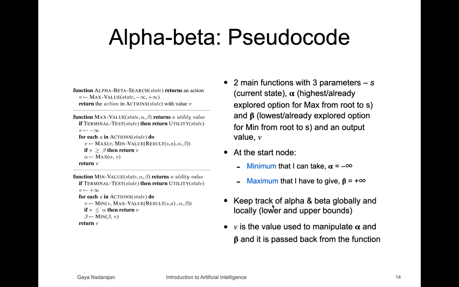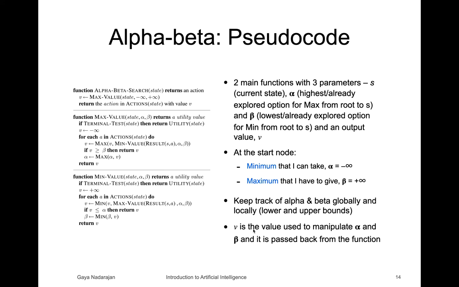And as the algorithm goes, we're going to see a lot of subtle things. Alpha and beta will be tracked globally at the high level and locally at the node level, and they will always be keeping track of upper and lower bounds of these values, just as we spoke about when we looked at that example where we could prune parts of the tree.